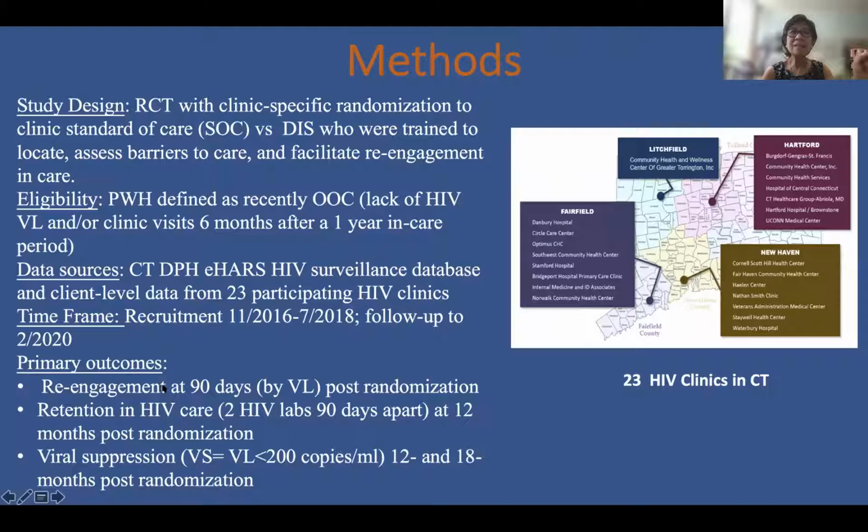For those randomized, the first was re-engagement at 90 days, as stipulated by whether there was a viral load in the system. Second, retention in care, that is, did they have 2 HIV labs 90 days apart at 12 months post-randomization. And third, viral suppression, less than 200 copies per ml at 18 months post-randomization. Okay, so those were our outcomes.